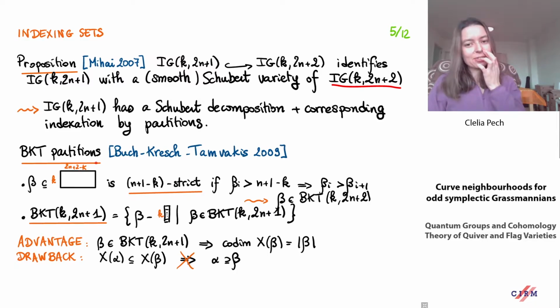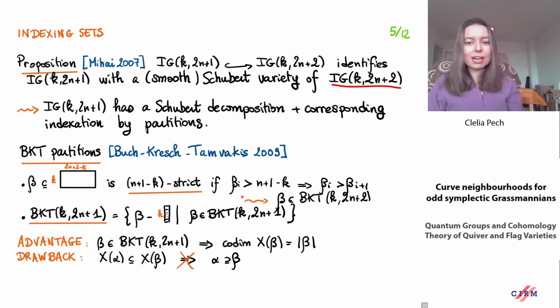So if I'm in the symplectic Grassmannians, then I can look at partitions whose Young diagram is contained in a k times 2n plus 2 minus k rectangle. And the condition is that being n plus 1 minus k strict.